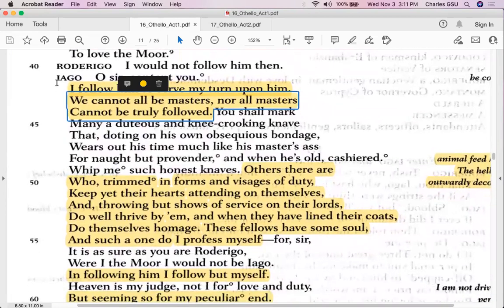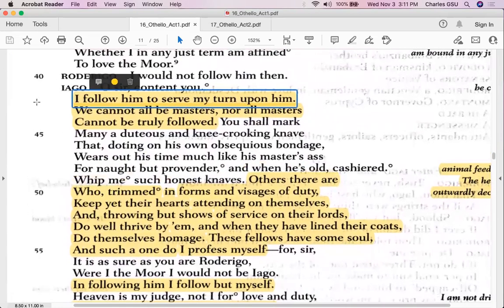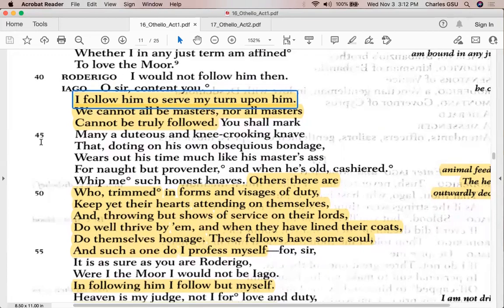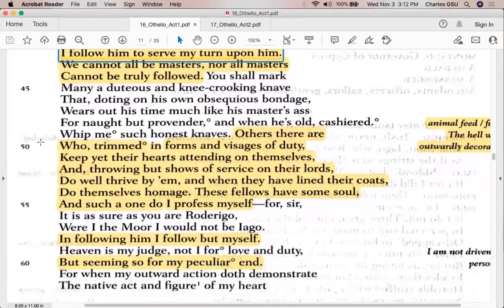He tells us quite clearly, I follow him as I follow Othello to serve my turn upon him. So he doesn't mind telling Roderigo this because he's going to use Roderigo in his schemes and machinations.